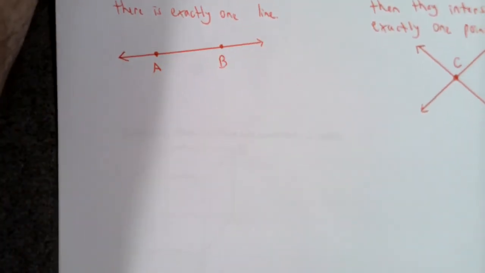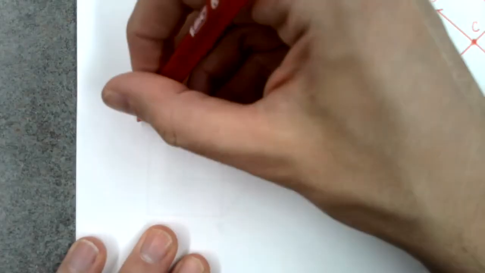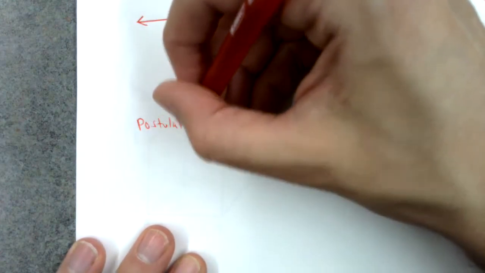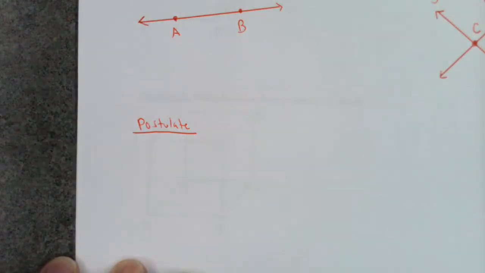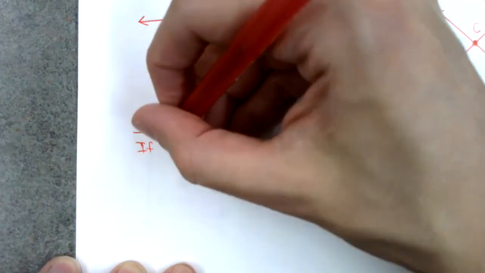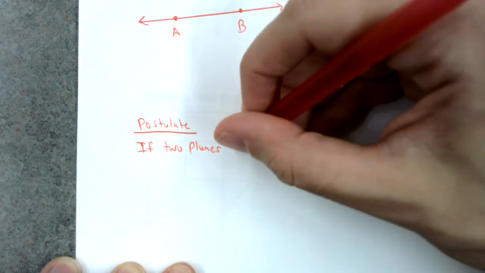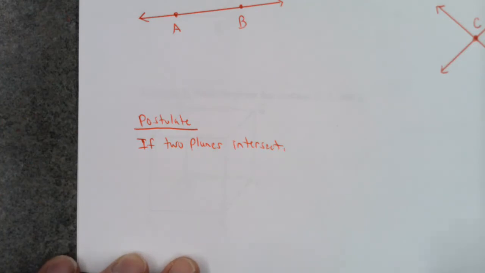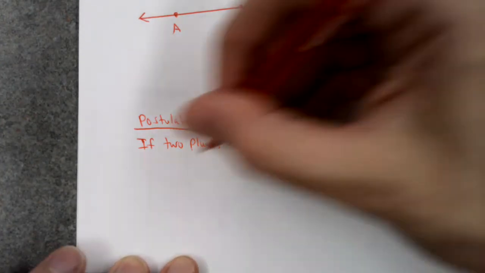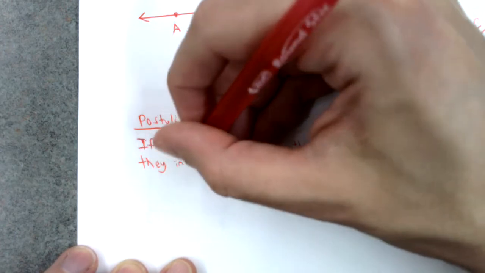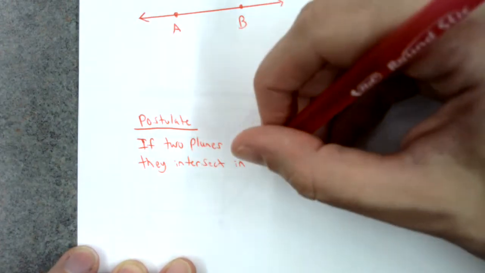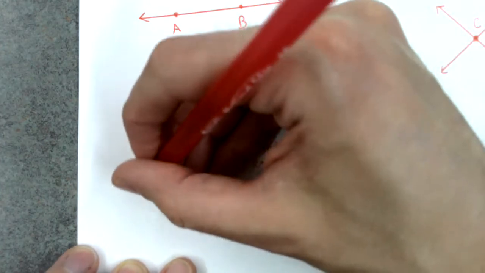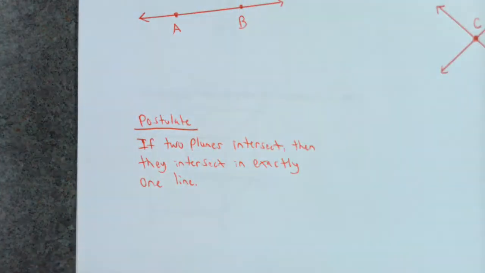Okay, now two more postulates. These are a little more difficult to visualize. If two planes intersect, then they intersect in exactly one line. So if two planes intersect, because they don't have to intersect, the planes could be parallel to each other, which we'll talk about in the next lesson.